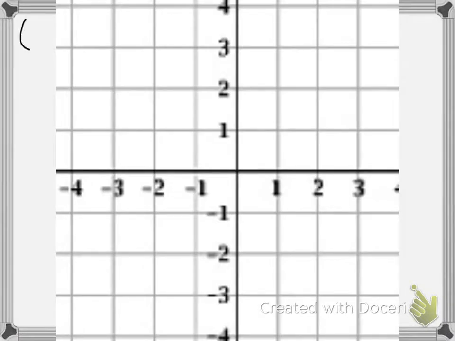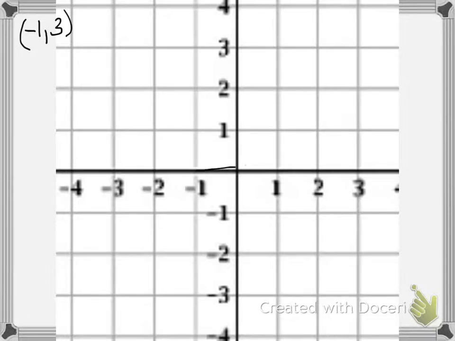So let's graph negative 1, comma 3 first. We always start at the origin at 0, 0. So we're going to start there. We're going to go to the left to negative 1.